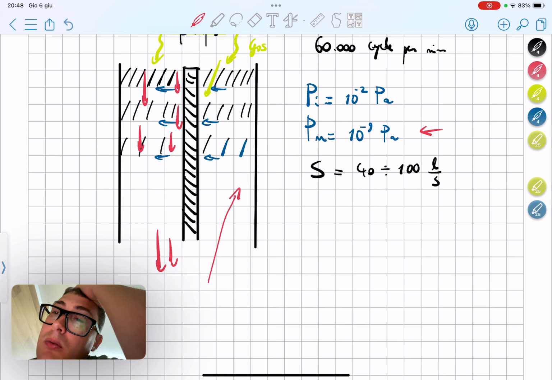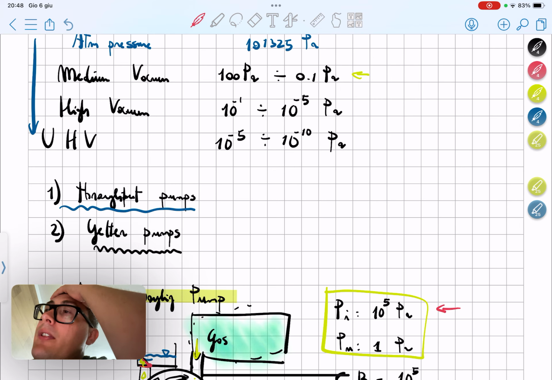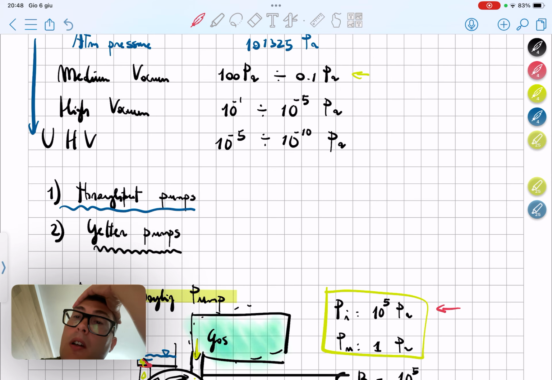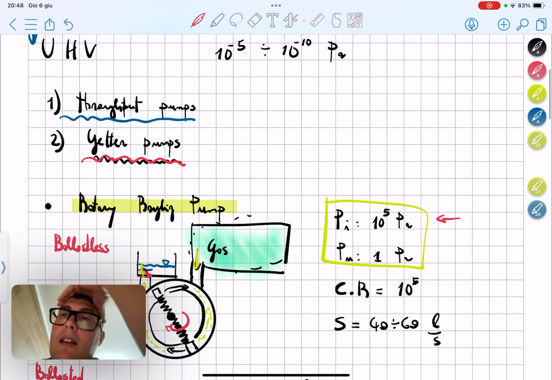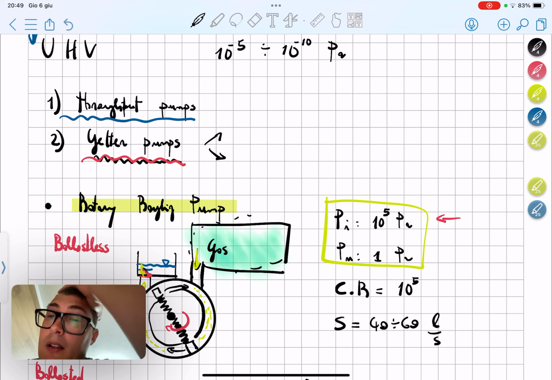Okay, so I think we can pass to the second category of pumps, which, as I said, is getter type pumps. And these getter type pumps work with the principle of gas surface interaction. In particular, there will be two different types of these getter pumps.